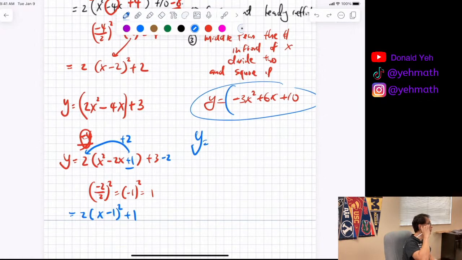Can somebody get a door? So if I take out -3, what do I have?